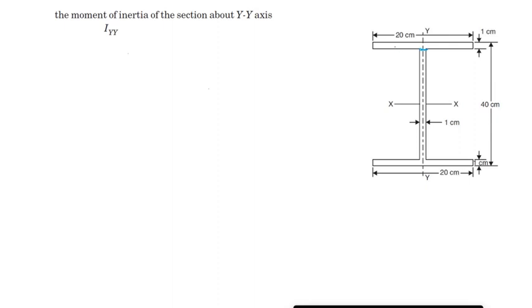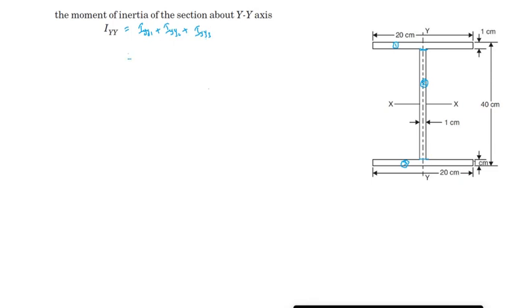I will consider this as my first figure, the vertical member as my second figure, and this small thing as my third one. So the moment of inertia I can write as Iyy1 plus Iyy2 plus Iyy3, because the moment of inertia axes are coinciding.